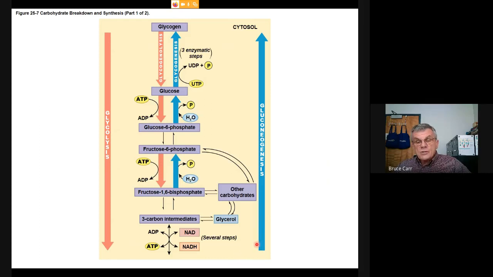So our body has the ability to take these 3 carbon intermediates and use energy. So here's fructose bisphosphate back to fructose 6-phosphate, kicks a phosphate out, back to glucose 6-phosphate, back to glucose.